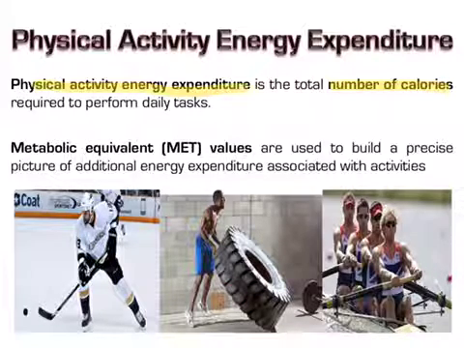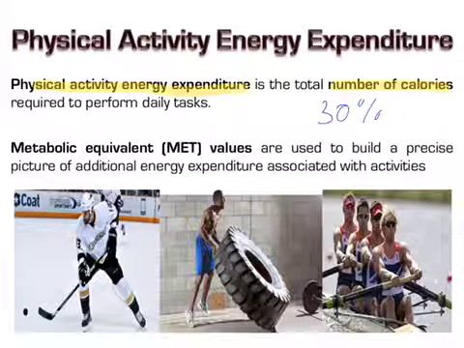And of somebody's total energy expenditure, 30% would be seen through physical activity, but that could vary depending on the level of training and the type of athlete that we're talking about.